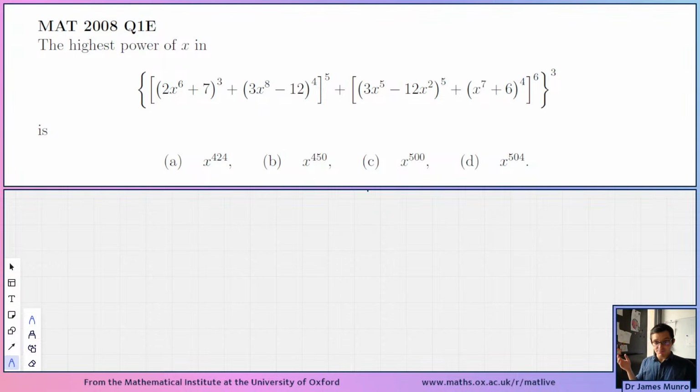Here's a question about powers. No logarithms, just powers. We've got some polynomials to multiply out, I guess. Let's not. Hopefully, oh gosh, it's really high risk, right? I think quite a lot of people download the worksheets for this, and it's quite high risk that one person out there is multiplying out all the brackets.